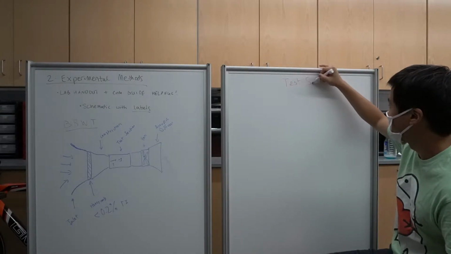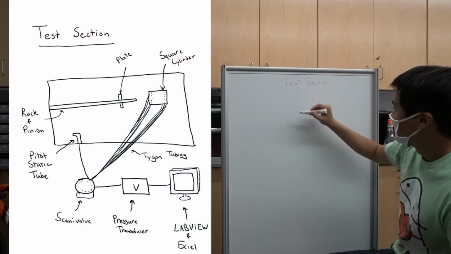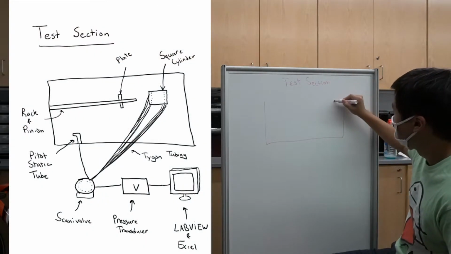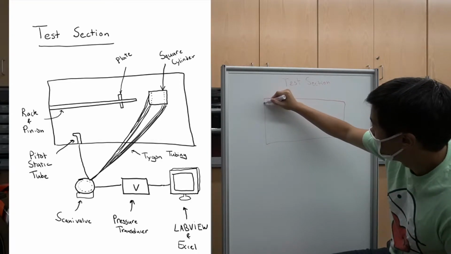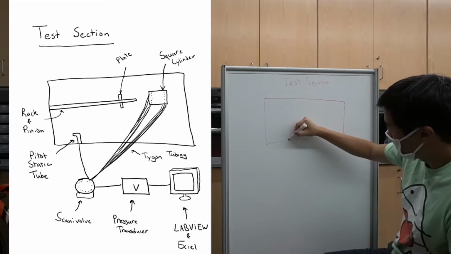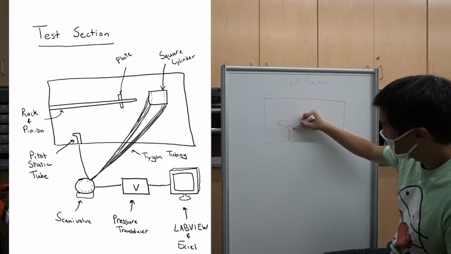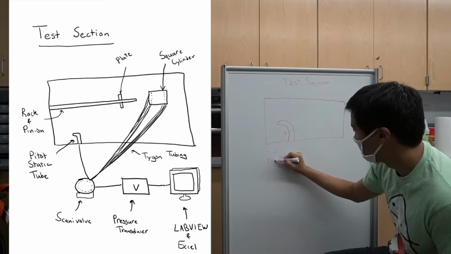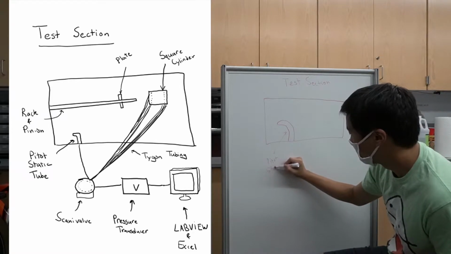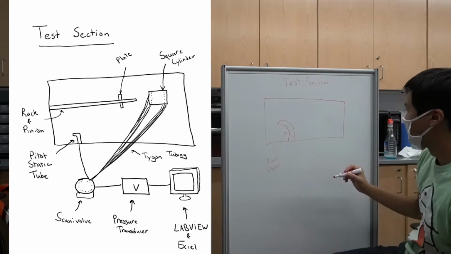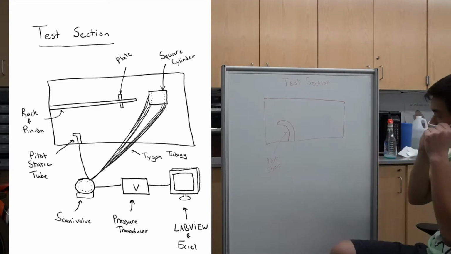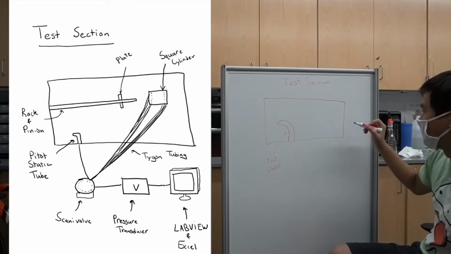So we have our test section here. We have our pitot-static tube. If you remember, this measures the velocity by measuring PT minus PS, the dynamic pressure.